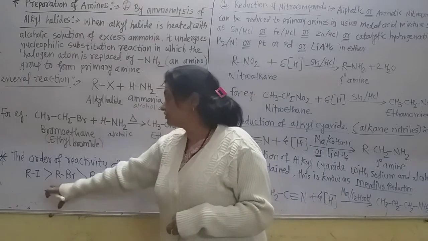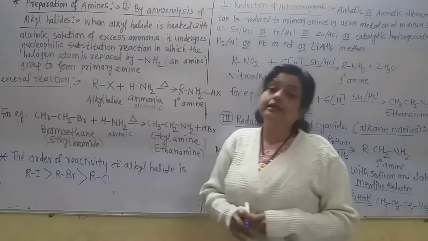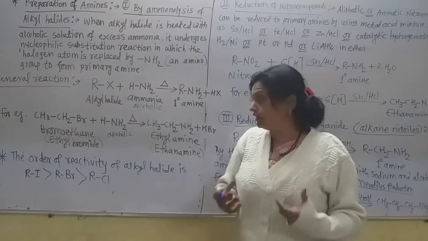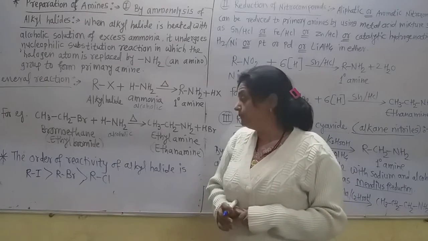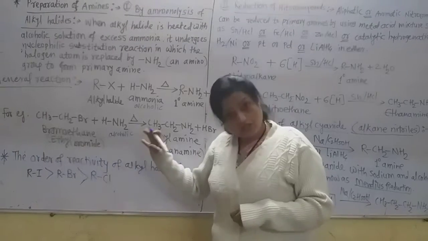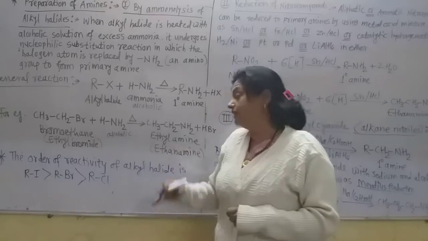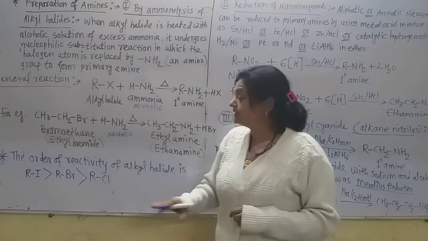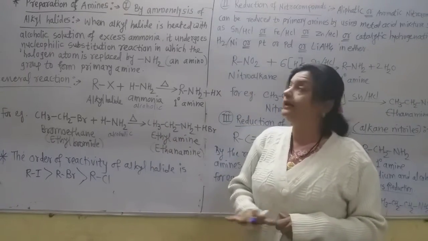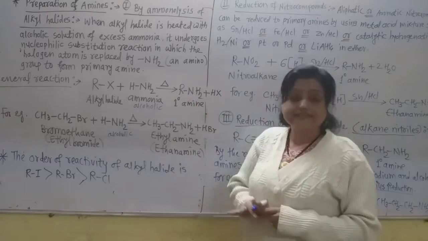That means ethyl iodide readily gives primary amines, then ethyl bromide readily gives primary amines, then the ethyl chloride. Now this is the order of reactivity of alkyl halides towards ammonolysis.